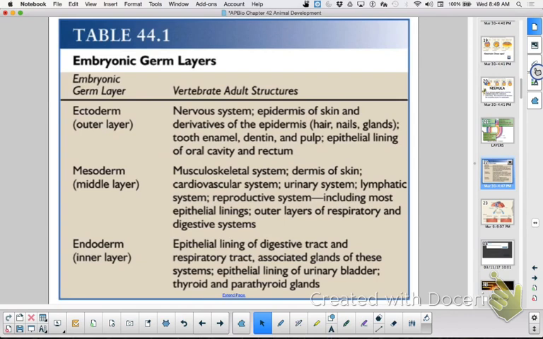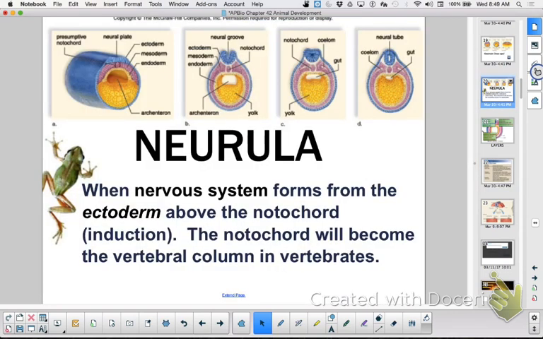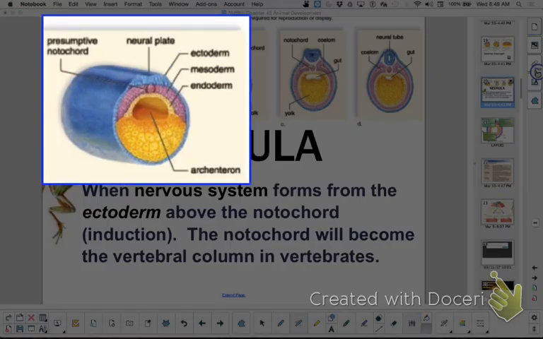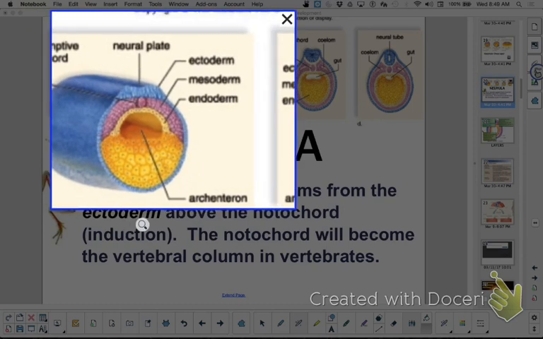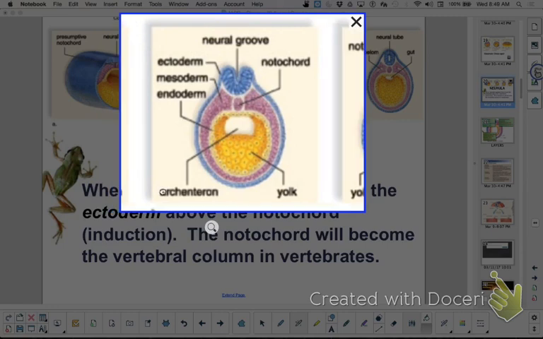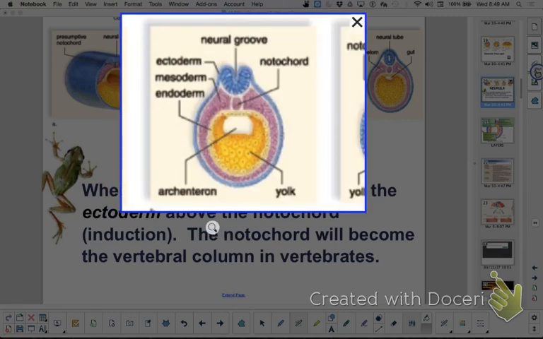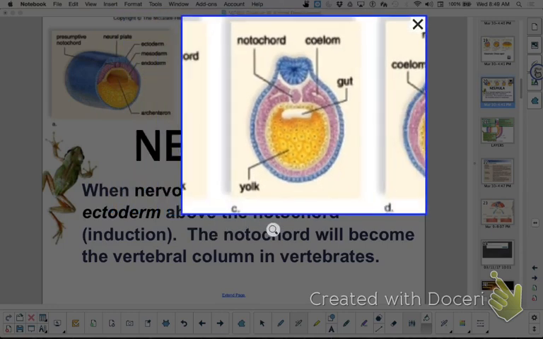Okay, the organ stage of development, the neurula, when the nervous system forms from the ectoderm. You have first a neural plate and then a neural tube. First you have a neural plate. See that right here. So here's your neural plate. And remember, it's this notochord from the mesoderm that's inducing that to happen. You have a neural groove, and then you have that neural tube.